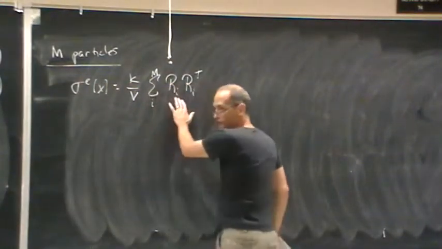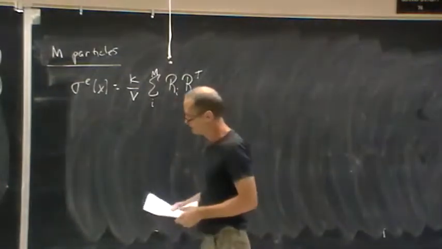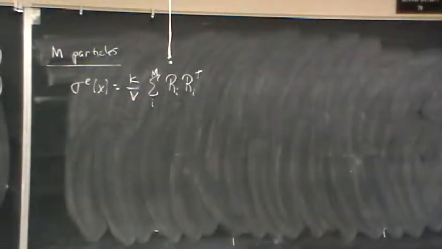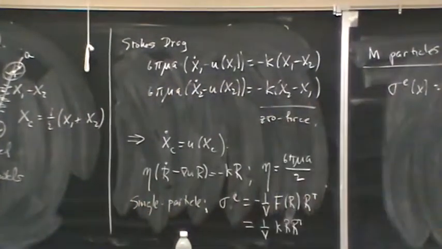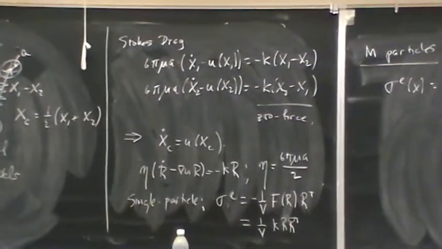Sum of rank 1 tensors giving me a stress. Look at the dynamics of a single particle. R dot is grad u R. That's the same as the stretching equation in the Lagrangian frame for vorticity. Okay? So this is going to give me that upper convective derivative. That's where that's going to come from. It's right here.